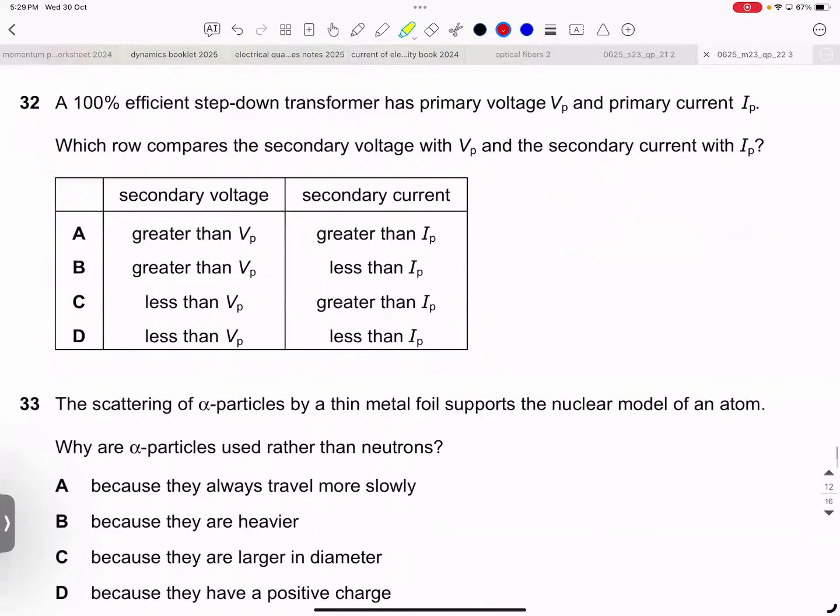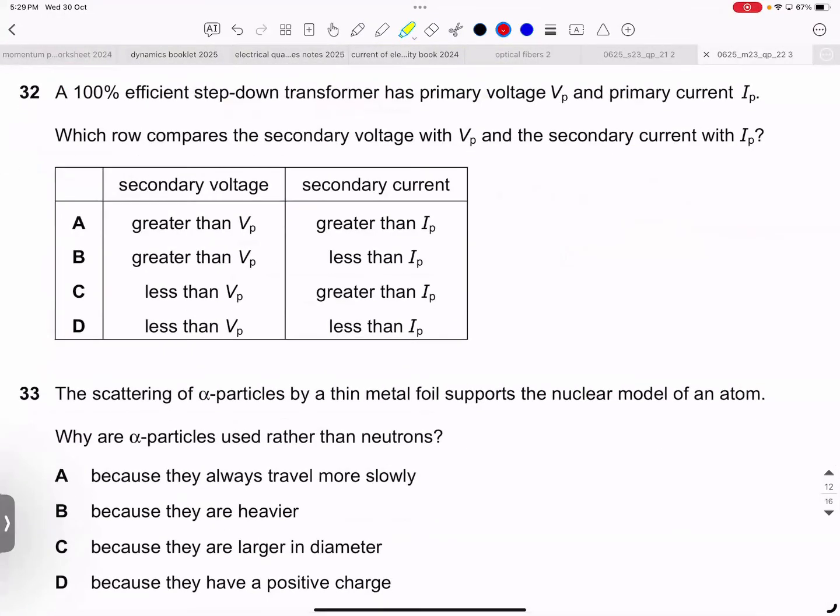Question 32. Transformer. A 100% efficient transformer has primary voltage Vp, primary current Ip. Which row compares secondary voltage with primary, and secondary current with primary?